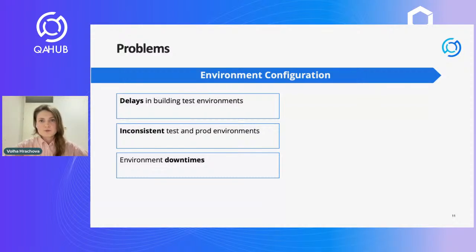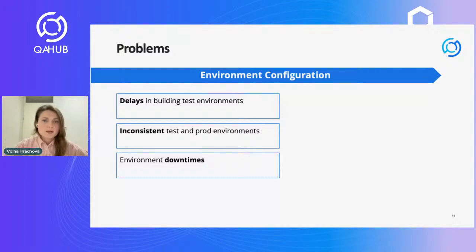And which issues do we have here? The first issue is delays in building test environments or waiting for a new build deployment. It can be time consuming. Another case is when we have inconsistent test and production environments. We might spot an issue during testing that is not actually a bug because it's not reproducible on production because of different configuration.